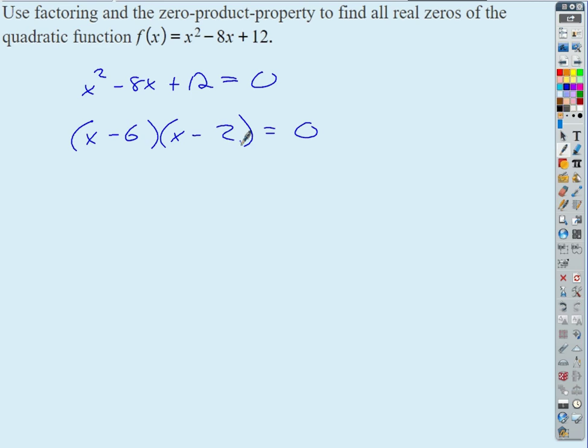What are the solutions? Good, because we know that we're going to apply the zero product property, right? We know that the product of factors is 0 when the individual factors are 0. So we just ask ourselves, what value of x makes that factor 0? 6. What value of x makes that factor 0? 2. So we get x equals 6 or x equals 2. Okay, those would be my zeros.